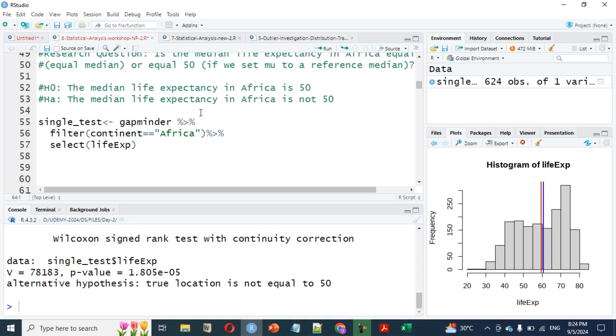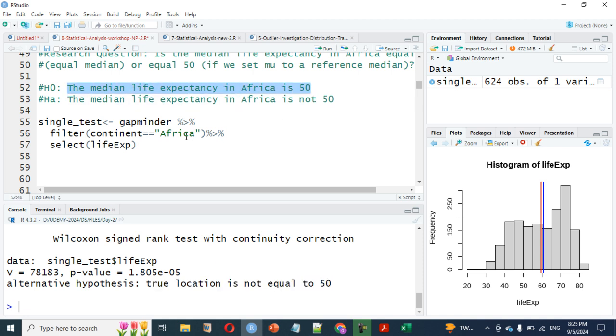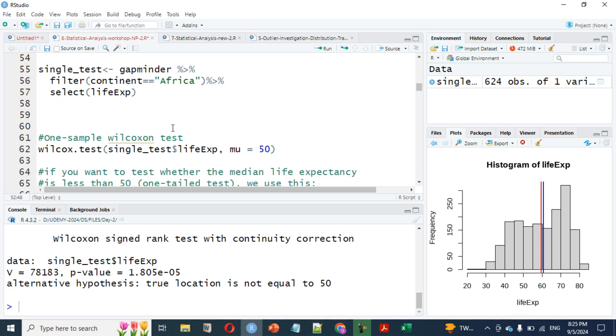Because our p-value is less than 0.05, we can reject the null hypothesis that the median life expectancy is 50, and we take the alternative, which is that the median is not 50. It's as simple as that.